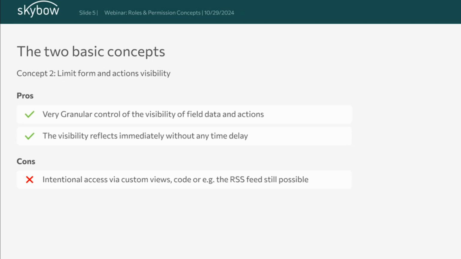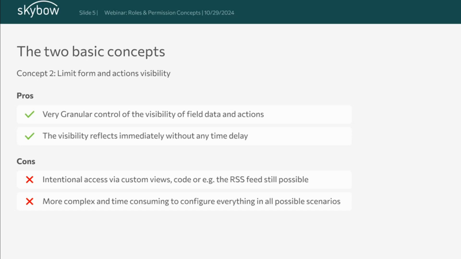You will still have access via custom views or code, if you're a developer and you know how to write CSOM or JavaScript, or you simply use the RSS feed. As well, in search, these items would still show up if someone would intentionally try to access. So for really sensitive data, it's not good to just do that one.